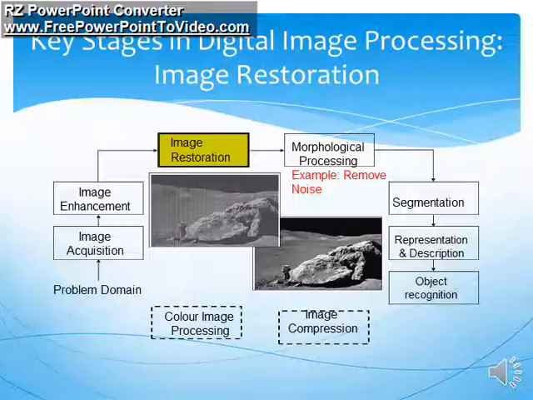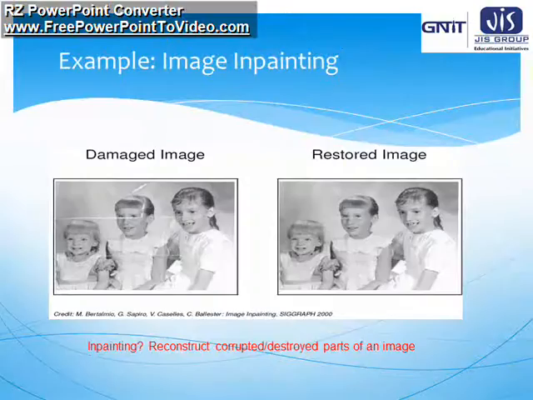Now moving forward to the next slide. This is image inpainting. Image inpainting is also known as image restoration. So why is this type of restoration required, or what is this restoration or inpainting? It is nothing but reconstructing corrupted or destroyed parts of a particular image.